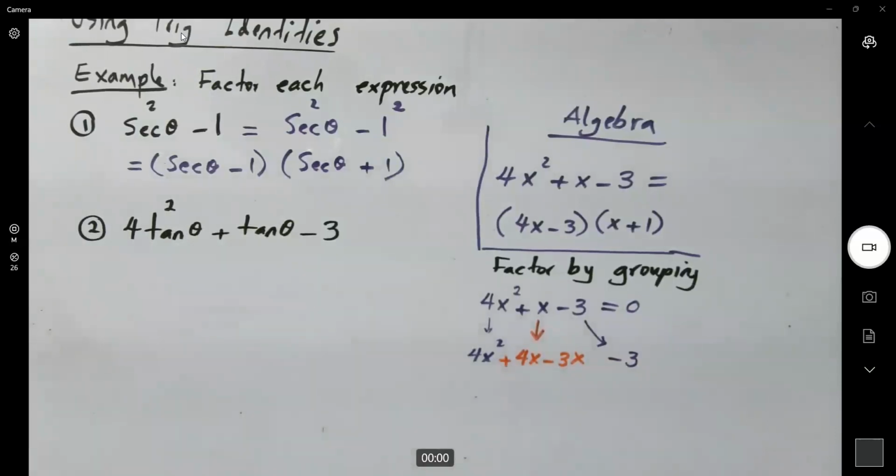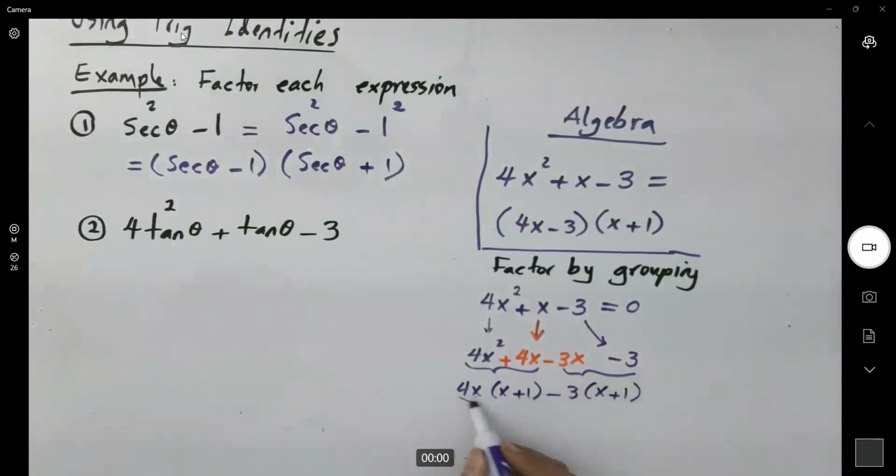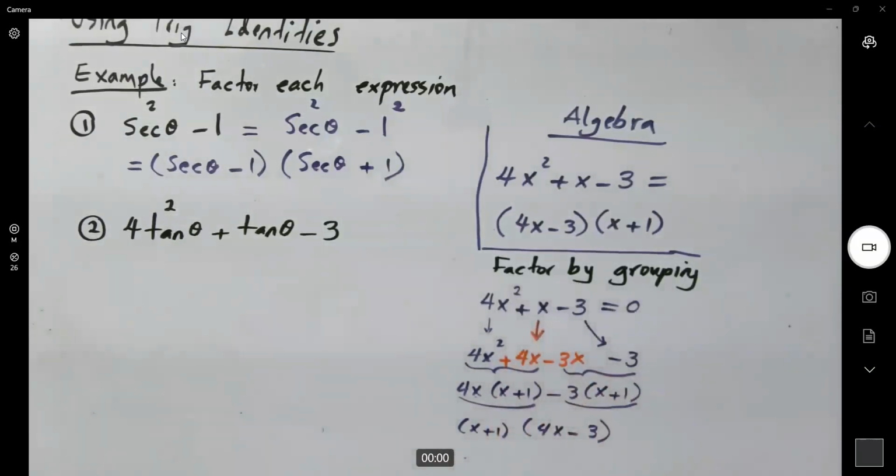So if I factor out 4x, I'm left with x plus 1, and between these two, if I factor out -3, I'm left with x plus 1. So now between these two, I can factor out x plus 1. So I'm left with 4x minus 3 times x plus 1. This method is called factoring by grouping.